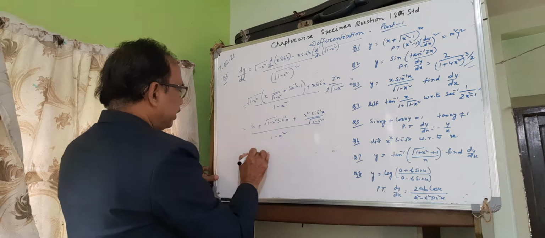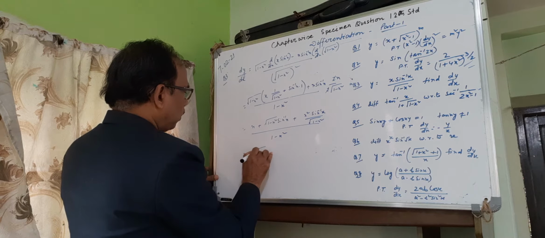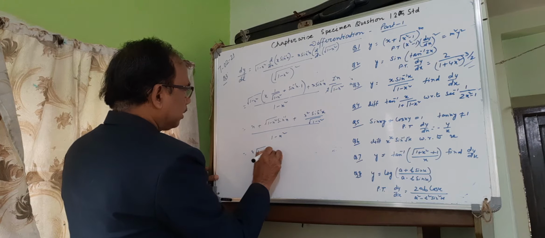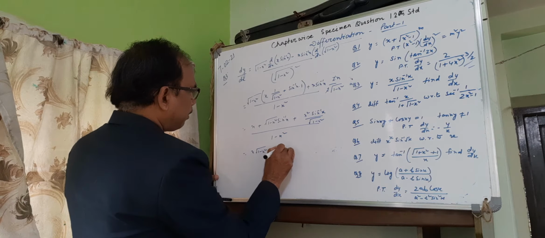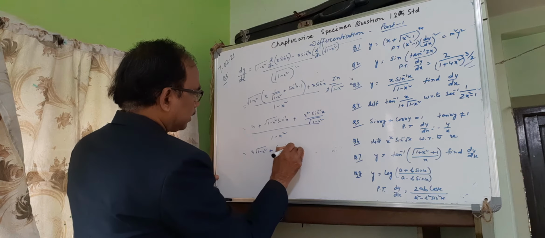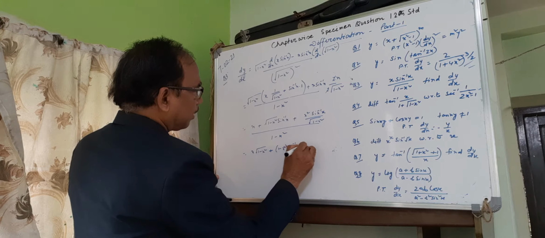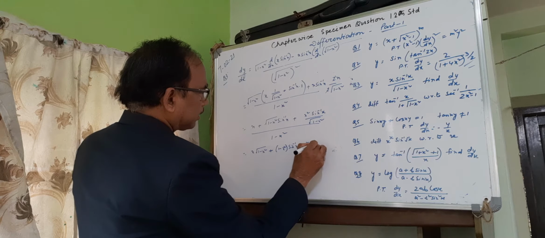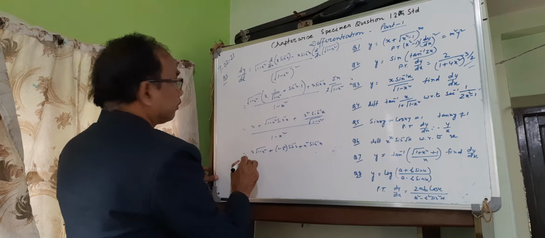Now addition of this, that is x root over of 1 minus x square plus 1 minus x square sine inverse x plus x square sine inverse x.